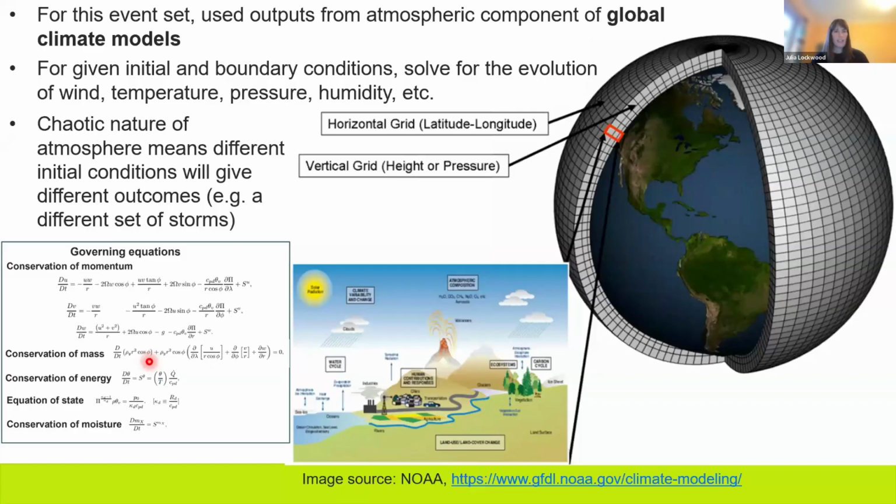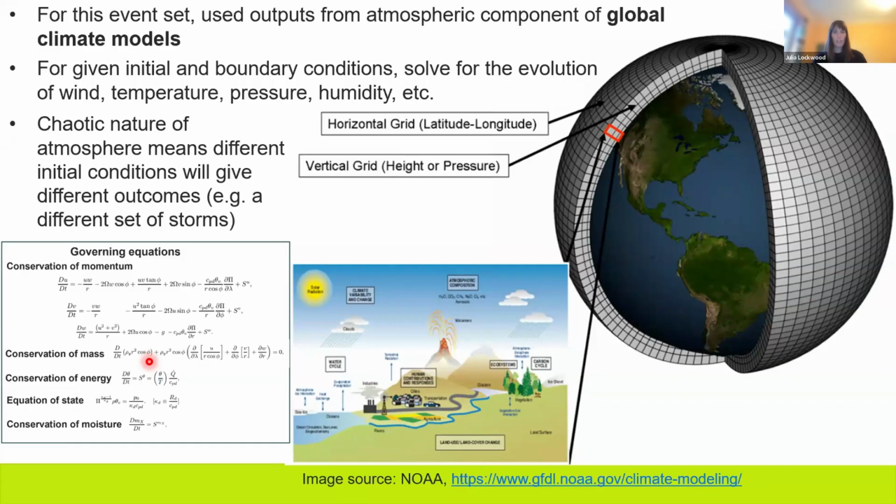For the event set that we made, we used the output from a set of global climate models. I'm sure many of you are familiar with these types of models, but I'll give a quick overview of the physics involved. For a given set of initial conditions and boundary conditions, you solve for the evolution of, in the atmosphere, wind, temperature, pressure, and humidity.